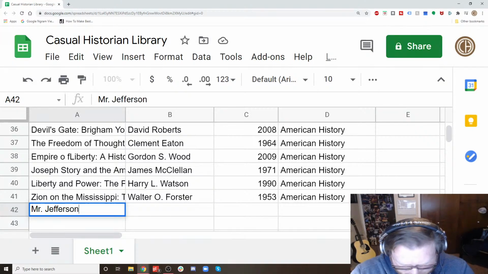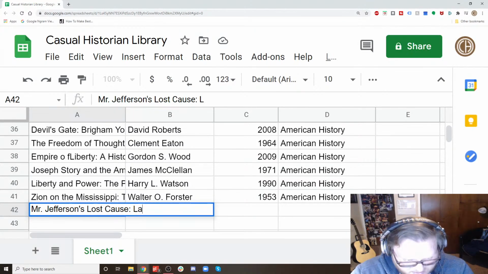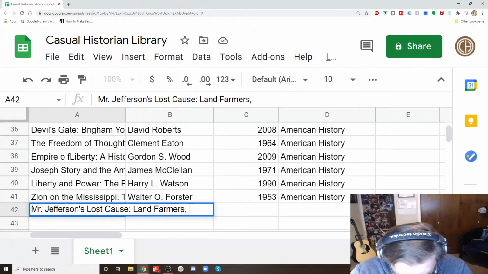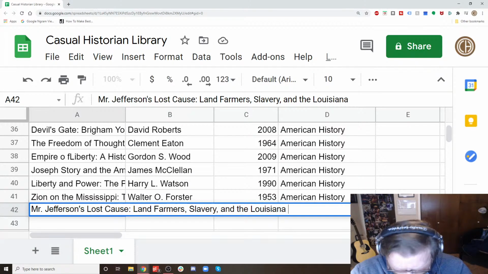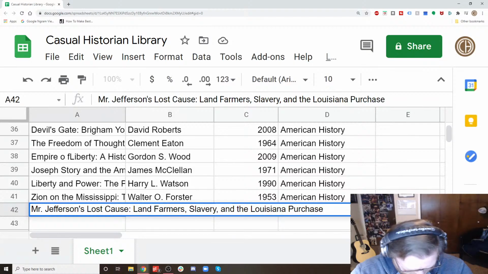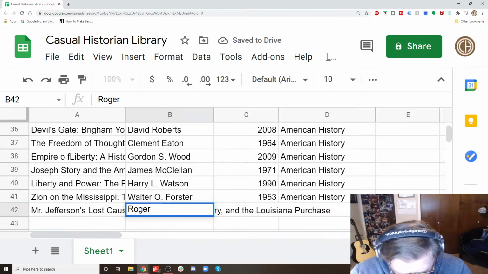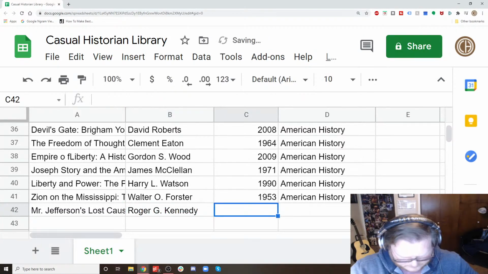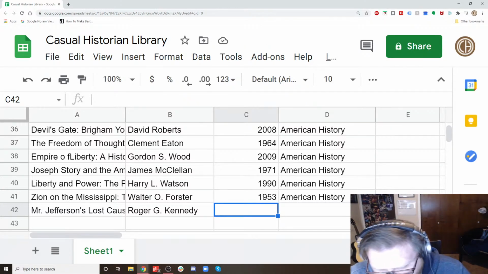Mr. Jefferson's Lost Cause: Land, Farmers, Slavery, and the Louisiana Purchase, by Roger G. Kennedy, 2003, from Oxford.